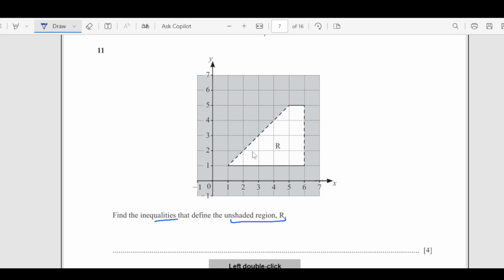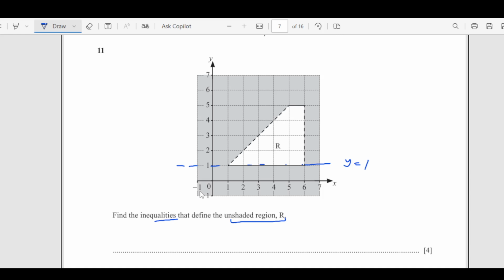Right. So let's start. If I take this line here, this line that we are talking about, this is y equals 1.